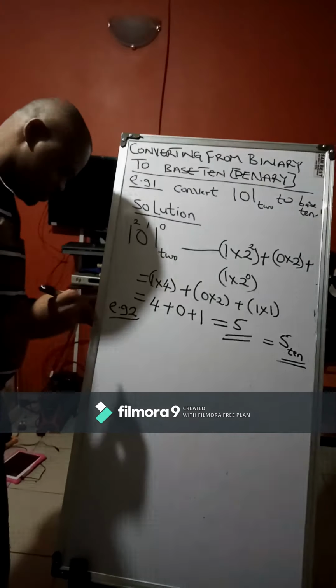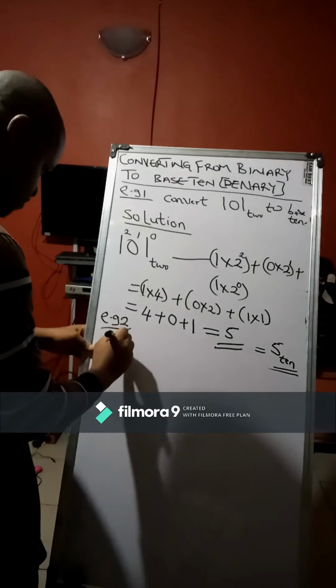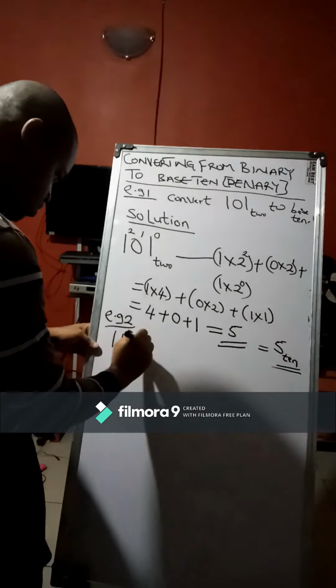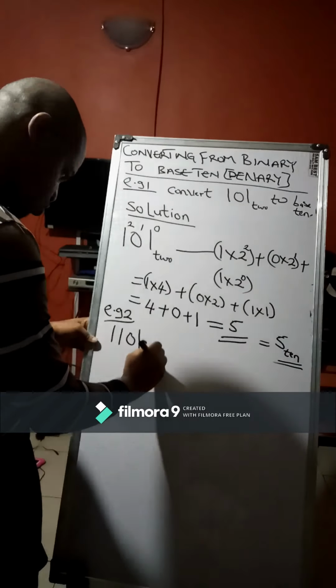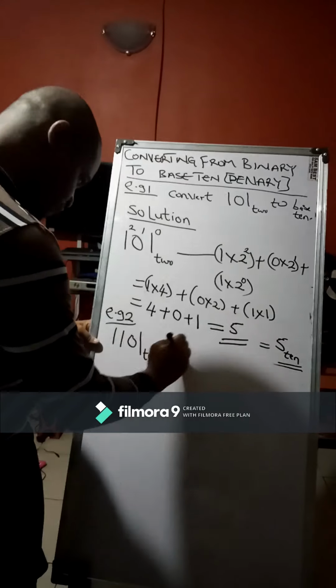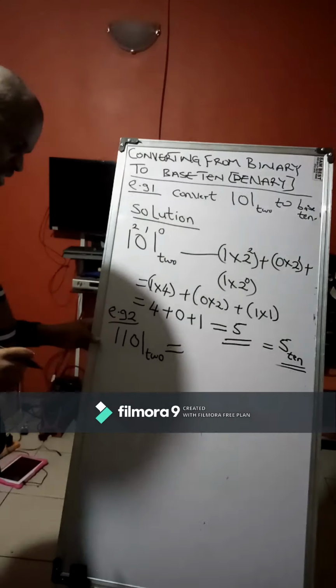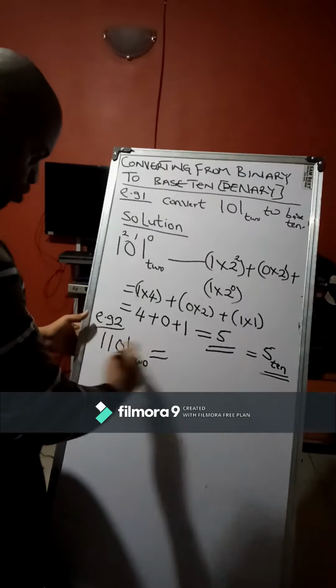Example 2. I have 1101 in base 2. We want to convert it to denary, which is base 10. So all we have to do is to expand this.